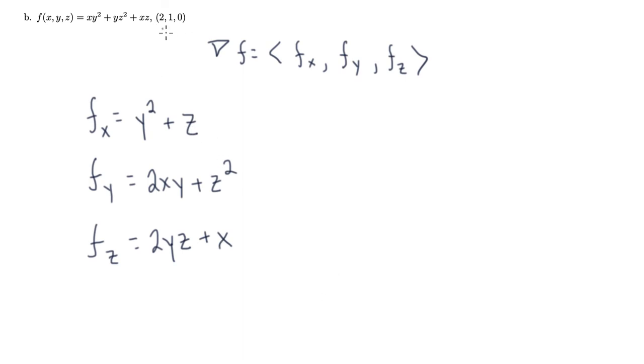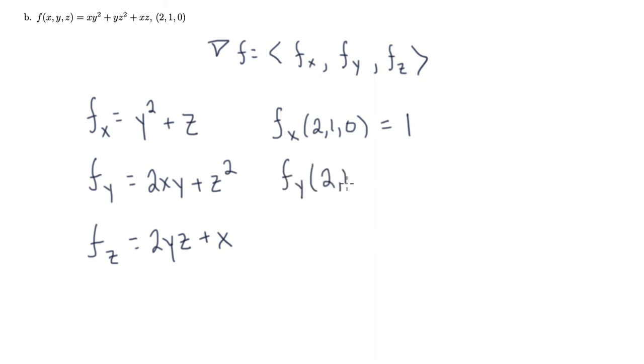But now we want to just, okay, so to find the gradient, these are all of the components, but we want to actually evaluate this gradient function, vector function, at this point 2, 1, 0. So fx of 2, 1, 0, well, that's just going to be 1 plus 0.